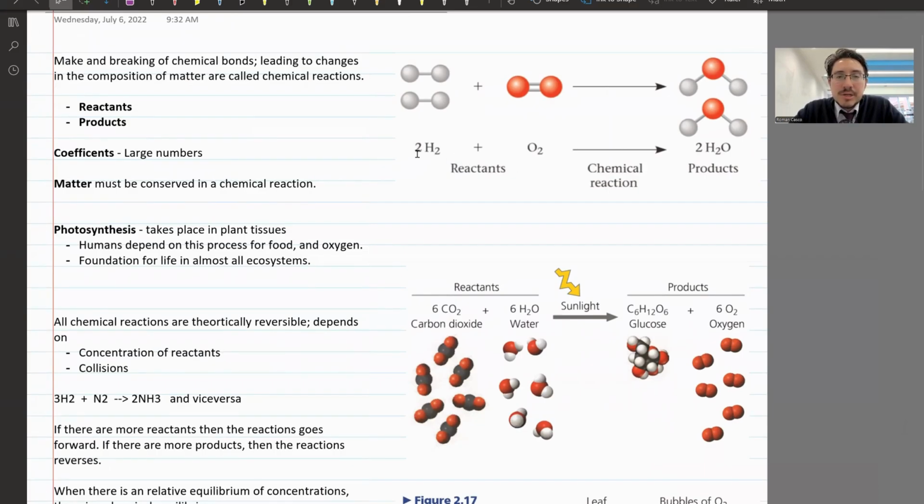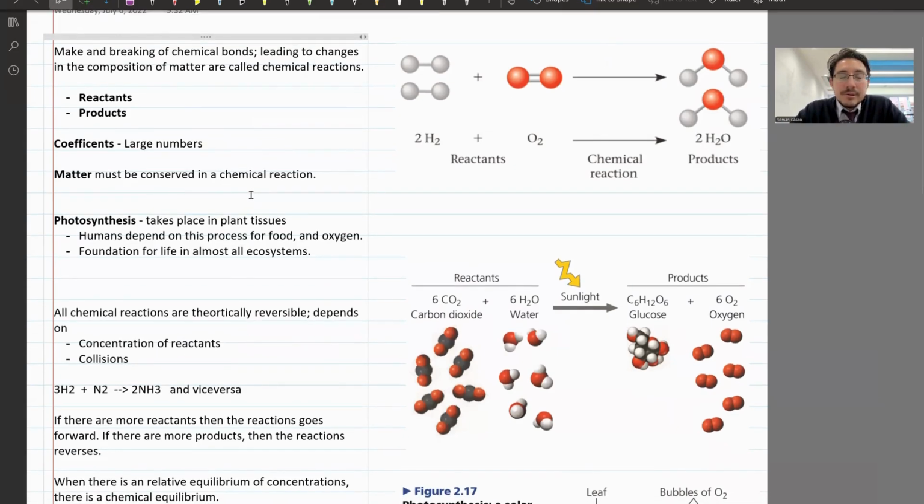Coefficients are these large numbers. They're referred to as the number of molecules that you have of that particular molecule. So in this case, I have two molecules of H2. Here, you just have one. One is generally not written, right? And the same idea goes: you have two molecules of water.